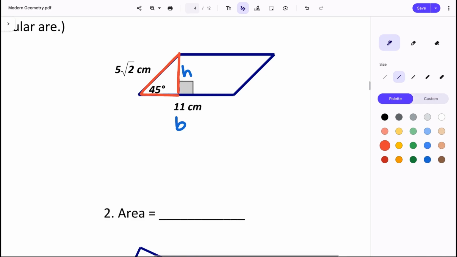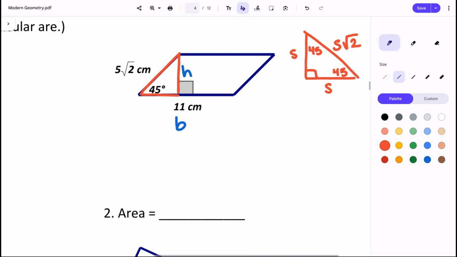Does anyone remember, I'll just draw out a 45, 45, 90 over here, what the pattern was with the sides? The legs were the same, so we called those S and S. And do you remember how we labeled the hypotenuse? S times the square root of 2. So now if you look at the right triangle that we have on our parallelogram, they're giving you that hypotenuse side. They're saying that this is 5 square root of 2.